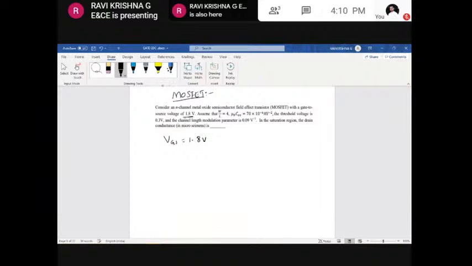It is also given that the aspect ratio of the device, W by L, is 4, and mu N C naught X is 70 into 10 to the power of minus 6 ampere per volt square.